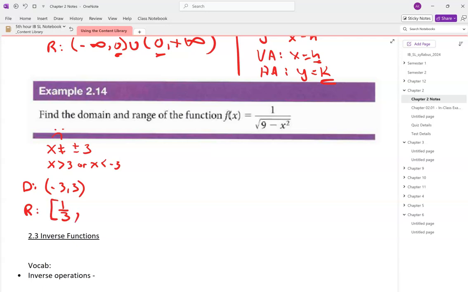So my range I know is going to start at 1/3, and that's going to get a bracket because obviously if I put 0 in for x, I can get that. And then what are we going to head towards? 0 or 1. Well, the closer I get to 3, what's happening to my denominator?